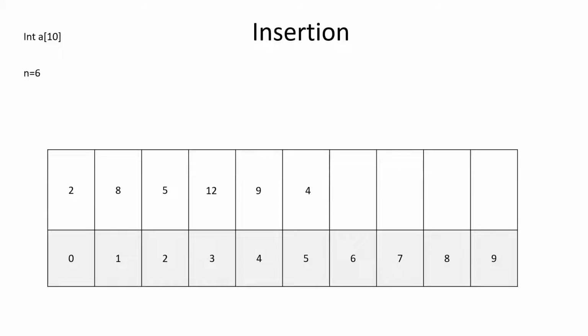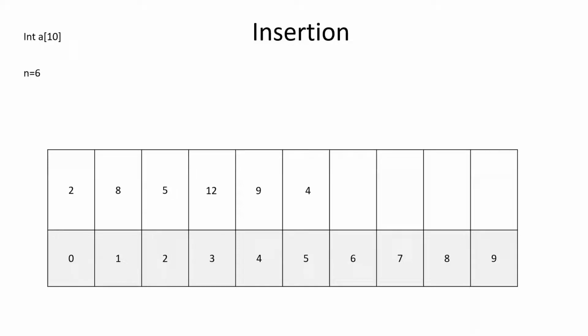In all the sorting algorithms till now, we were asking the user to enter the value of n, right? So what do you mean by position in sorting? First time I'm using the word position now. In this example, what do you mean by 6?